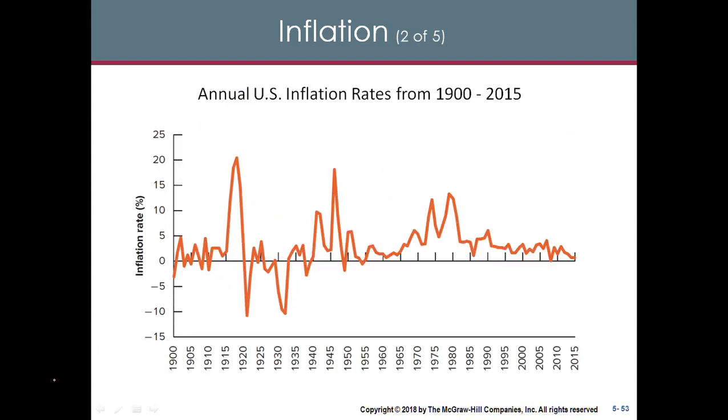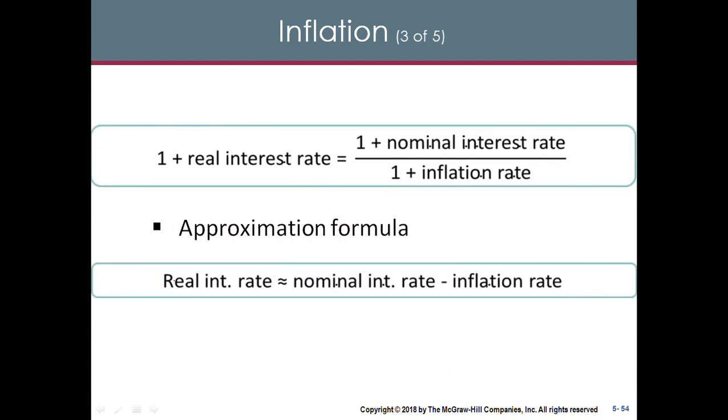Inflation is a big factor which affects almost all types of interactions that we have in the financial market. This slide just shows a graph of the inflation rate in the USA from 1900 to 2015. For the formula to calculate the real interest rate, if you know the nominal interest rate and the inflation rate, you can use an approximation formula, which is simply take the nominal interest rate minus the inflation rate, and you will get the real interest rate as an approximation.